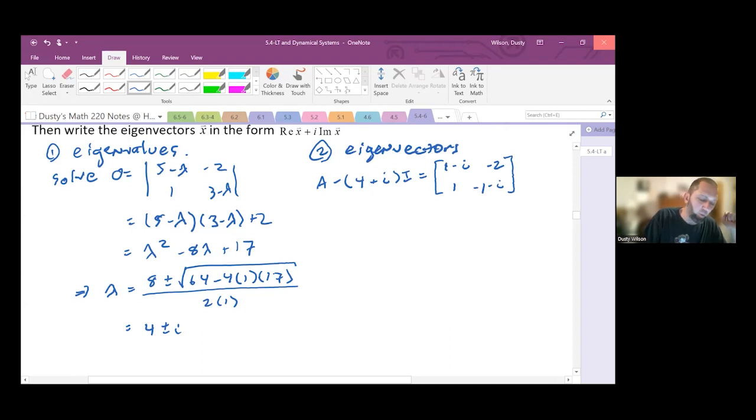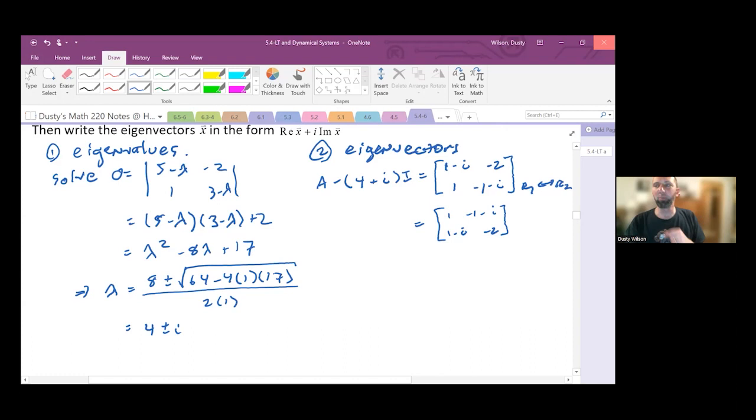Okay. We need to row reduce this, so we can swap our rows. Row 1 swaps with row 2. And so this would be 1, 1 minus i, 1 minus i, and minus 2.